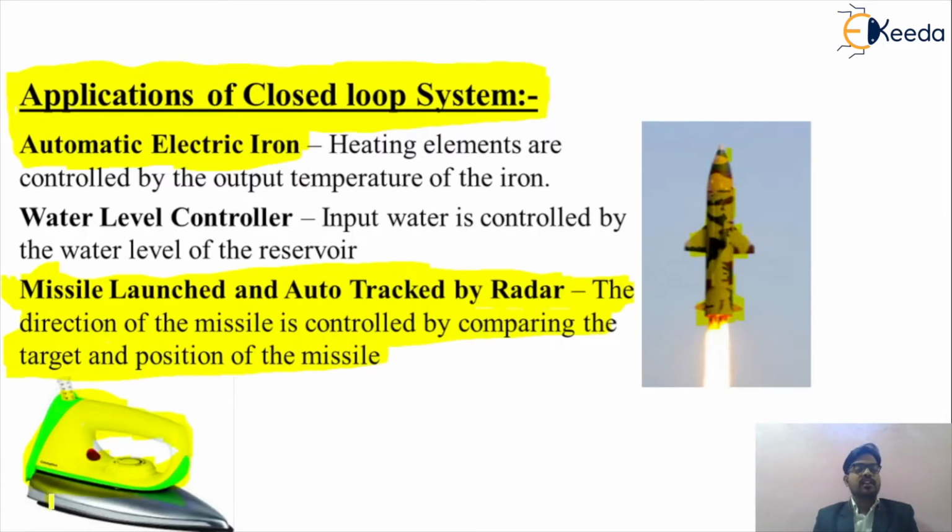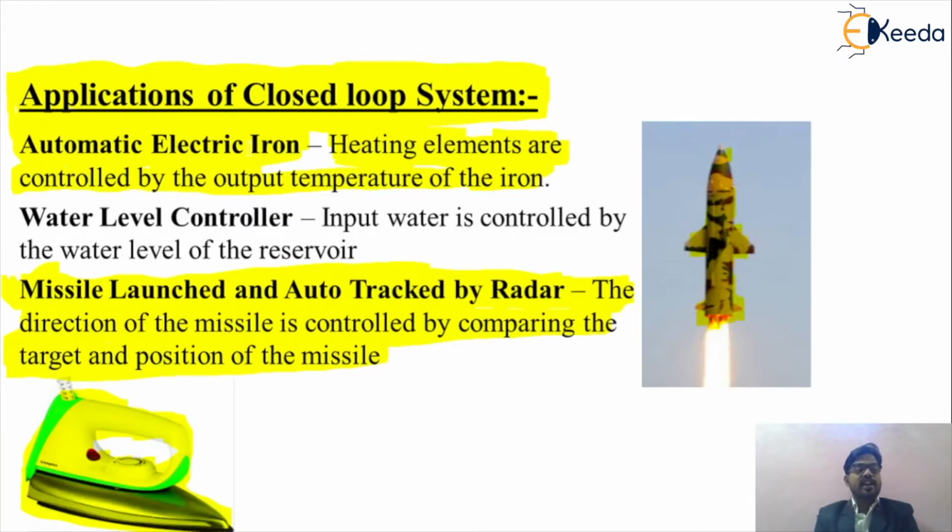When the temperature of the heating iron exceeds or reaches its required value, the electric iron automatically stops. In this way, the sensing of temperature is very important. That's why such a control technique is used, and it is called the closed loop control system of your electric iron.